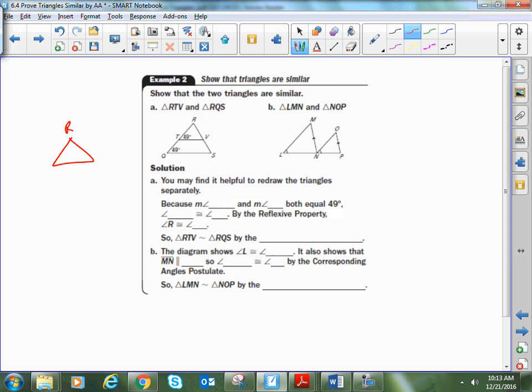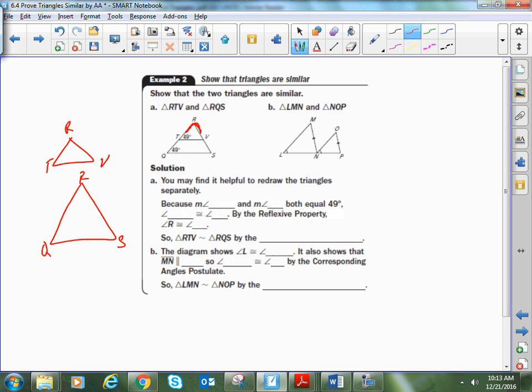We'd have R, T, V, like that, and then I'd have another bigger triangle where I have R, Q, S. Personally, I think it's actually better to leave them together, but if you need to see them drawn separately, there they are. Now, the reason why I think it's easier to identify whether the figures are similar to each other or not, leaving them together, is because here at angle R, it's easy to see that R is used in both figures.